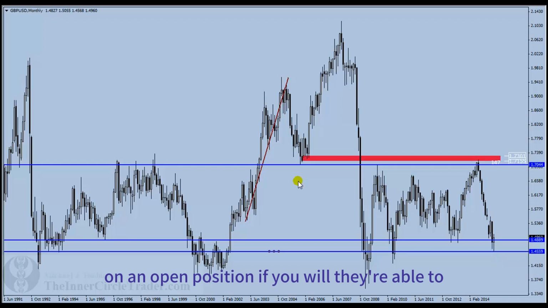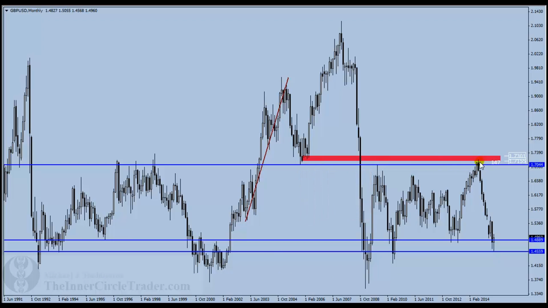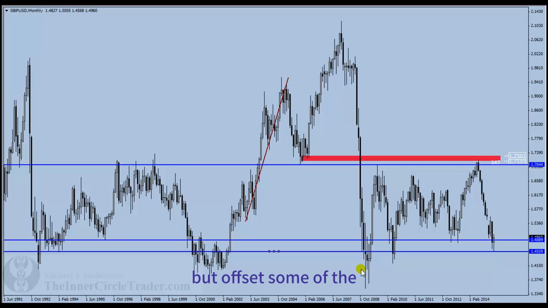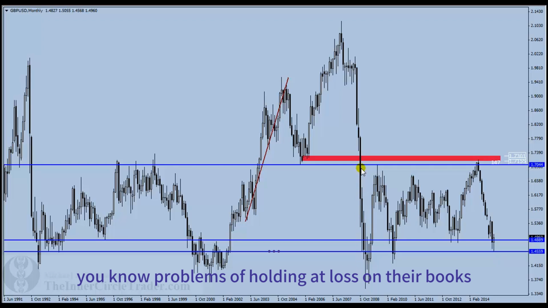When price gets back to these levels here, they will then unwind what would be at the time here. Once it's taken out that low, now they're in a net loss, a rather significant net loss position. You're looking at a very steep decline, and this is exactly when we had the banking fallout.